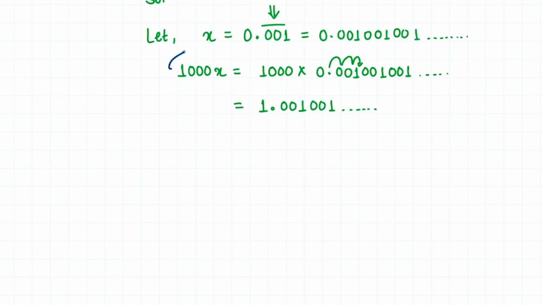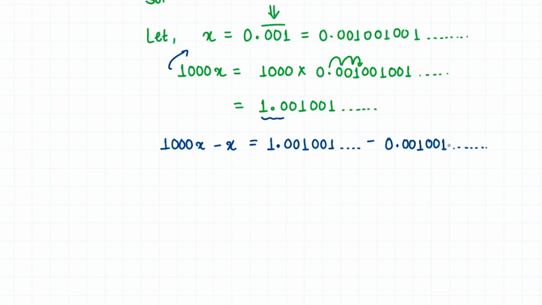Now our next step is to subtract this 1000x and x. So we have our 1000x minus our x. Our 1000x is 1.001001..., minus our x, which is 0.001001, and it goes on and on.